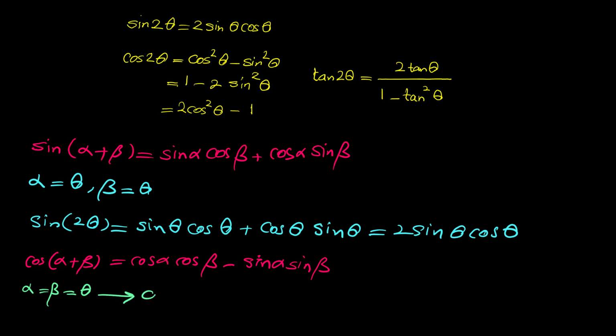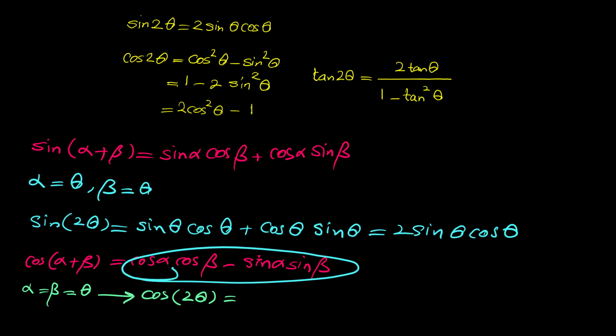Then by doing this, we have cosine of theta plus theta, which is 2 theta, equals, in this expression replace all of these angles alpha and beta with theta, theta, theta everywhere.